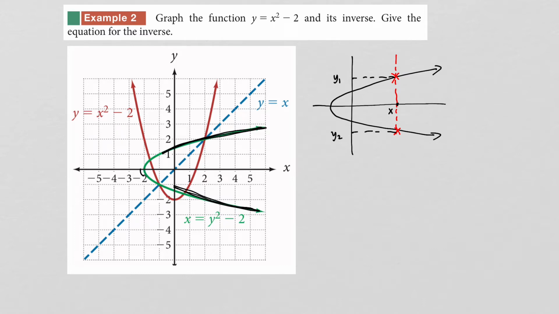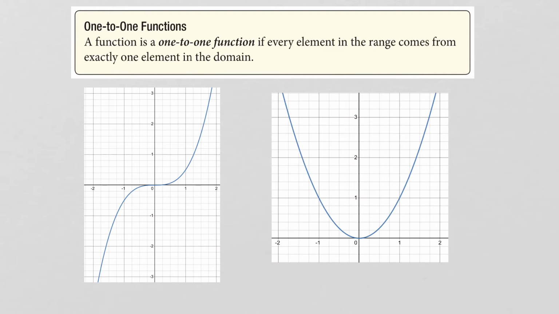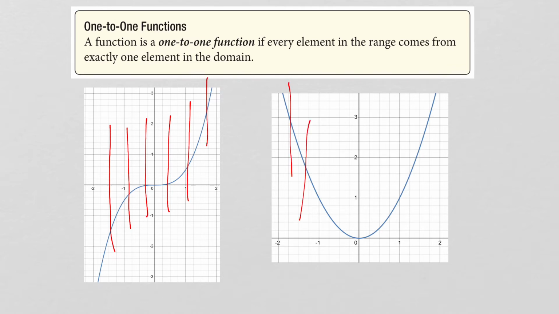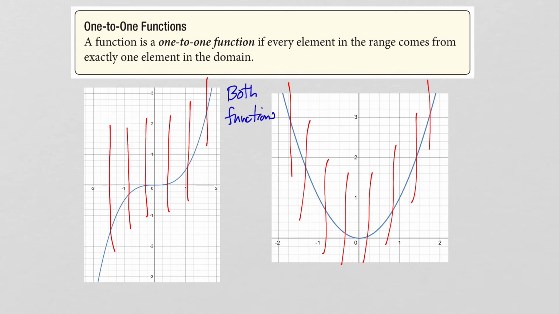So let's talk about one-to-one functions next. Again, this is review from algebra, but a one-to-one function is a function where every element in the range comes from exactly one element in the domain. So what does that mean in terms of graphs? Well, to be a function, when you draw vertical lines, you are only allowed to intersect the graph one time for every possible vertical line. You can see that these are both functions because every vertical line only hits the graph one time.